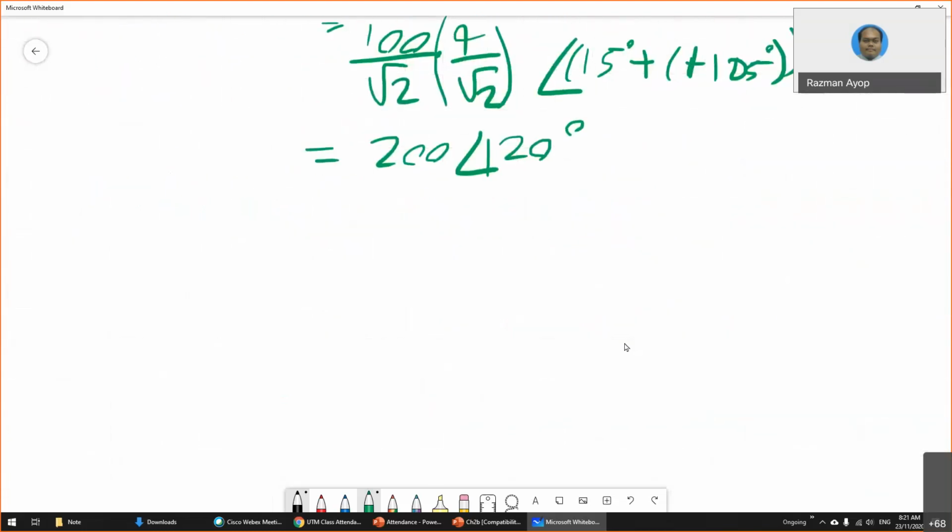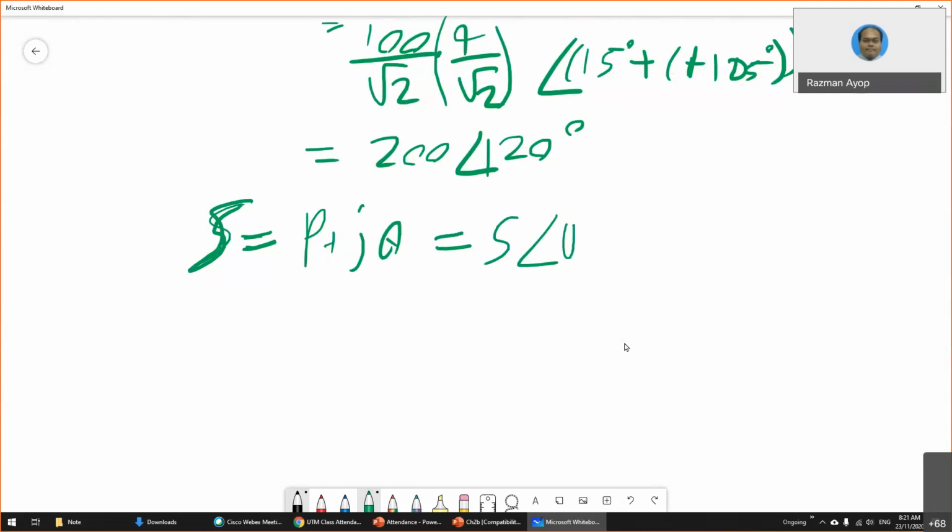From this, remember that S equals P plus jQ equals S angle theta. So change it to the rectangular form. 200 angle 120.